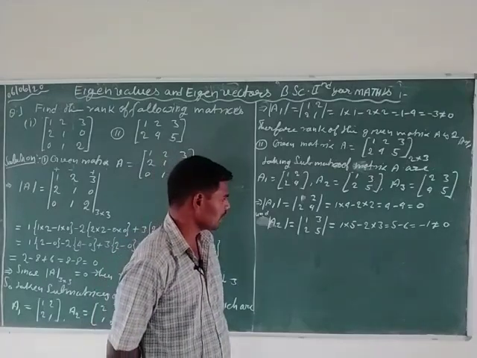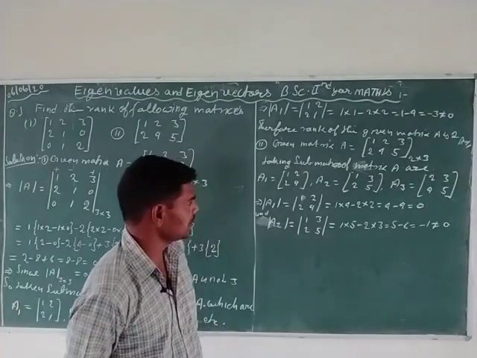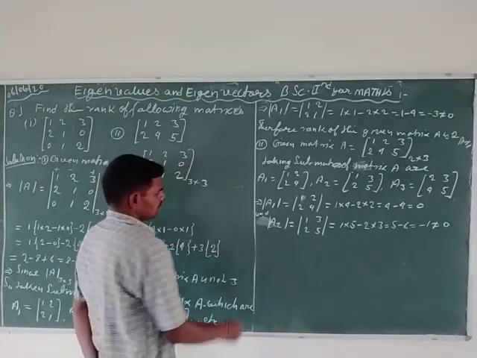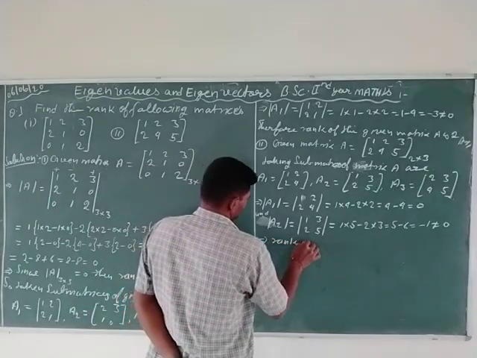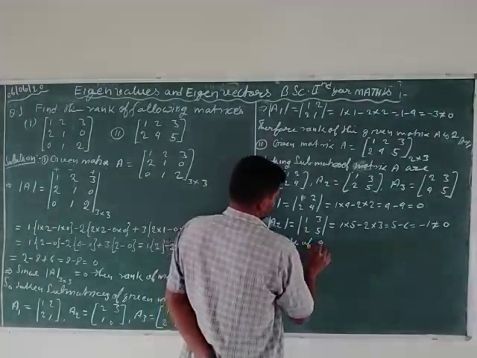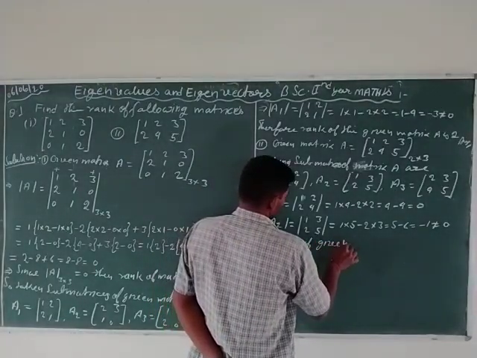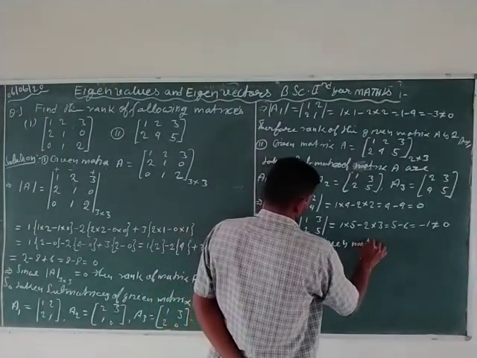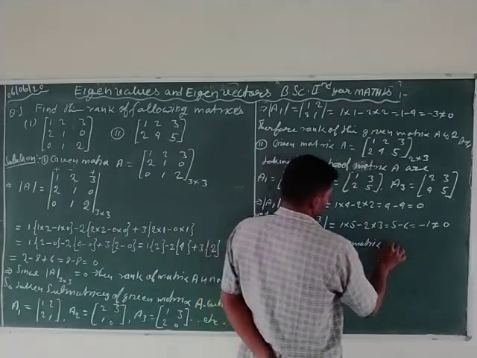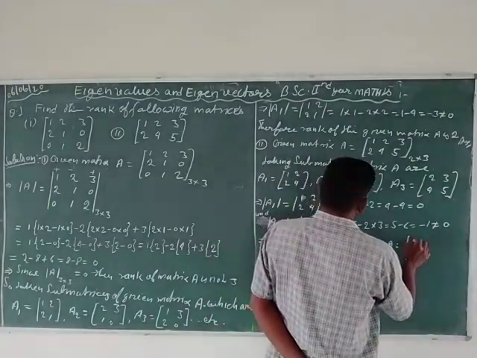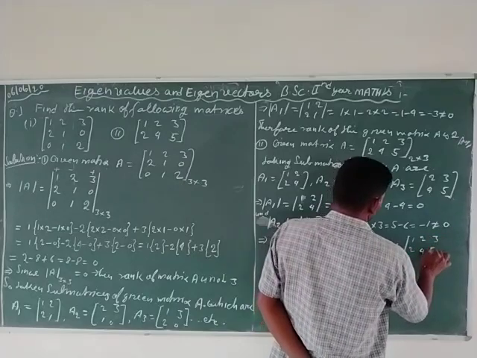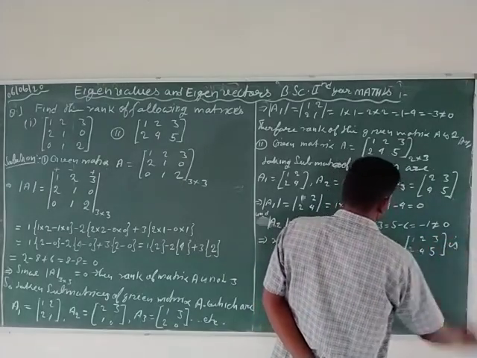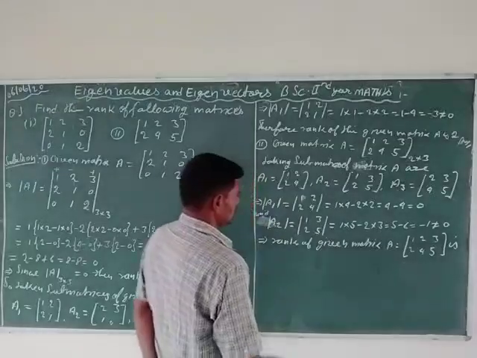Therefore, the rank of the given matrix capital A, 1 2 3 and 2 4 5, is 2.